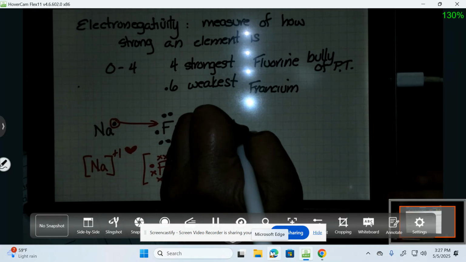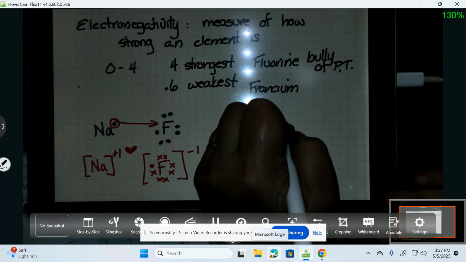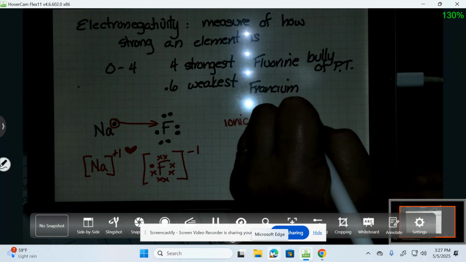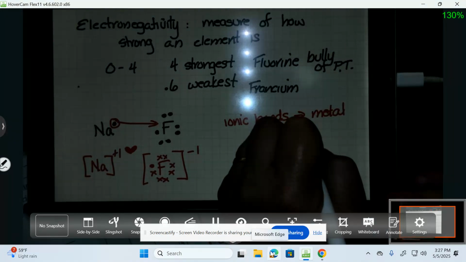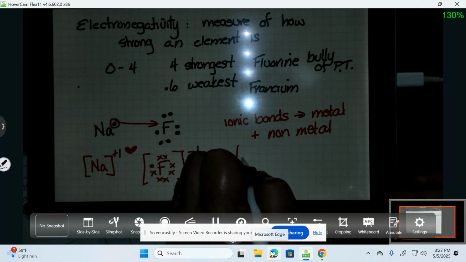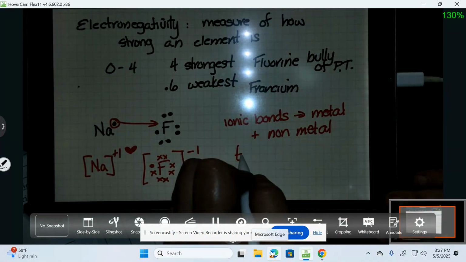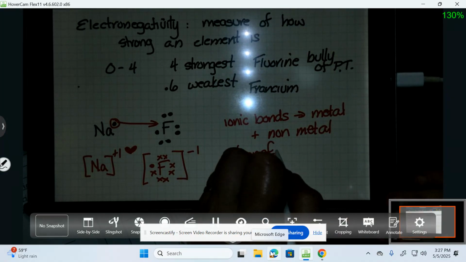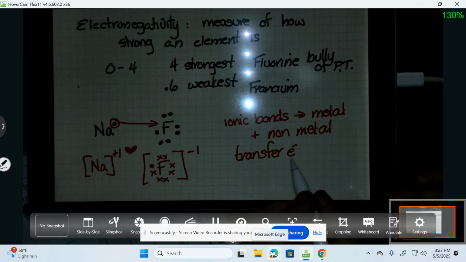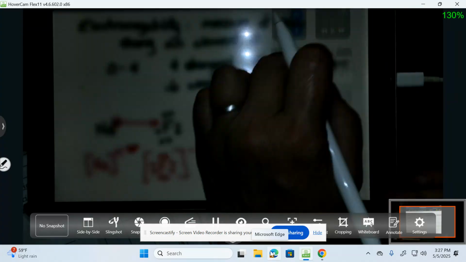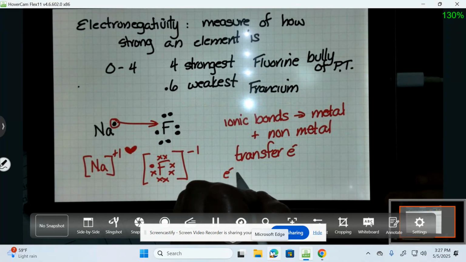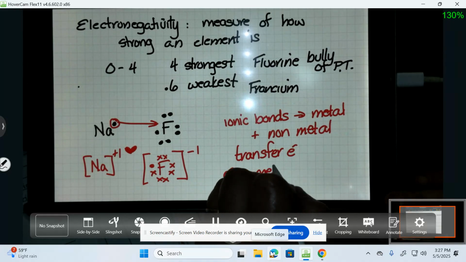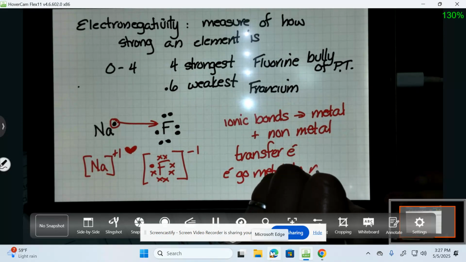Ionic bonds, which I'm assuming is going to be next week, are formed when a metal and a nonmetal transfer electrons. So the metal loses, sodium's the metal, fluorine gains. So the electrons go from the metal to the nonmetal.